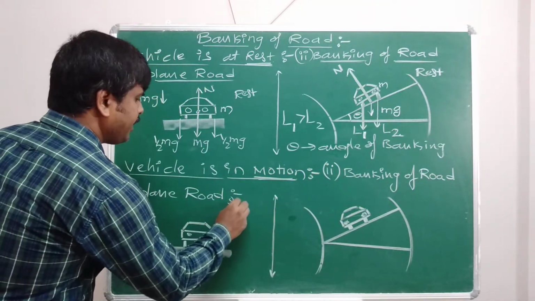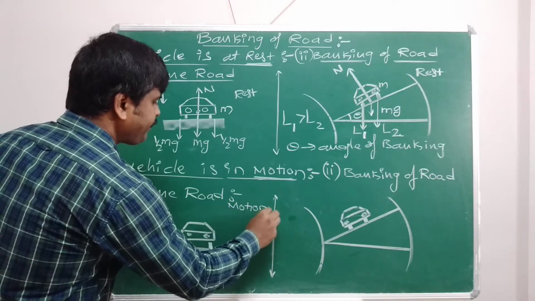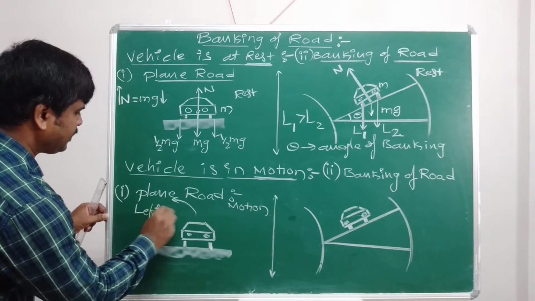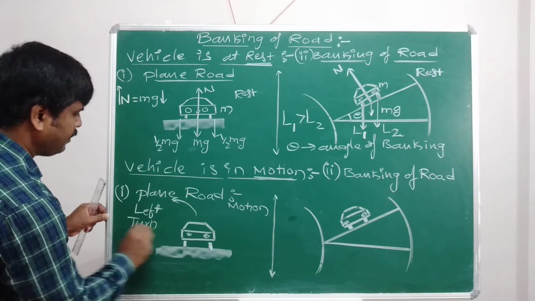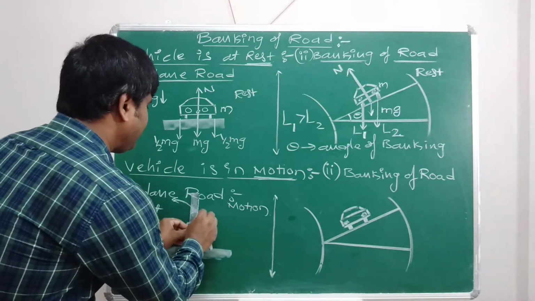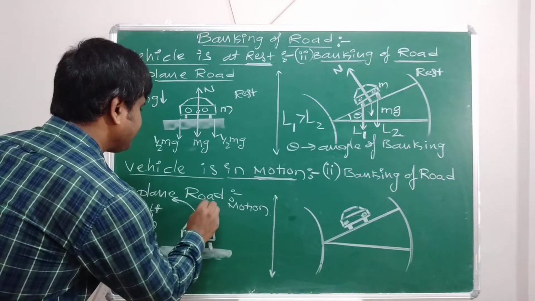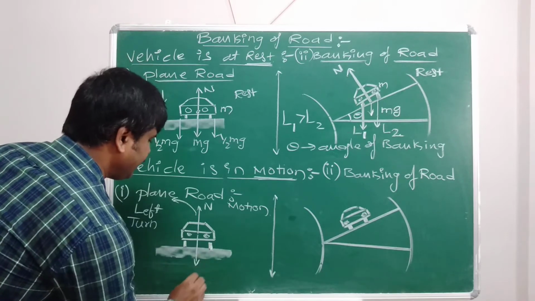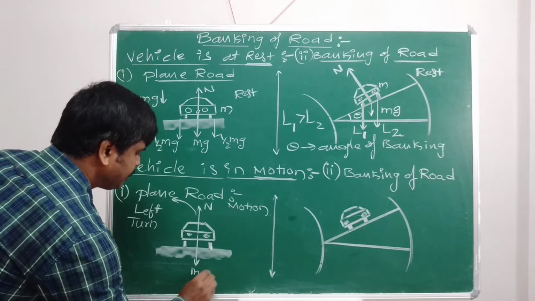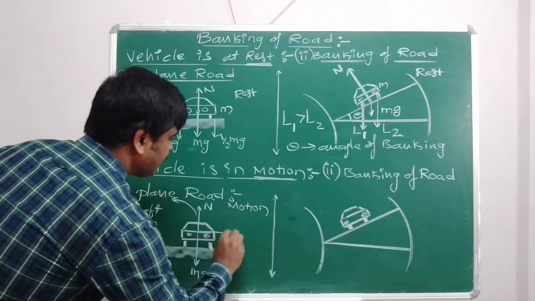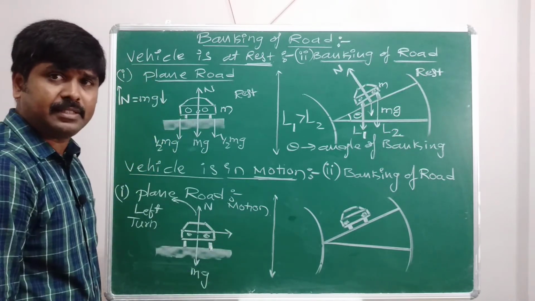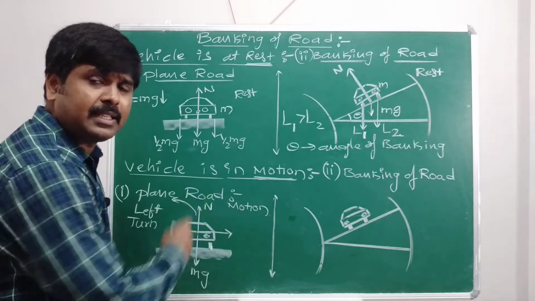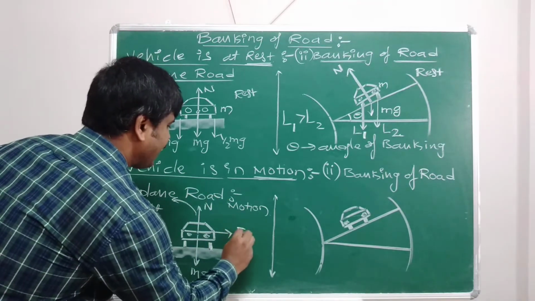So the car is in motion and taking a left turn. In this situation, normal reaction is in the upward direction and mg is acting downward, and here centrifugal force is acting. So the vehicle bends to the left side and on the right side centrifugal force is acting.